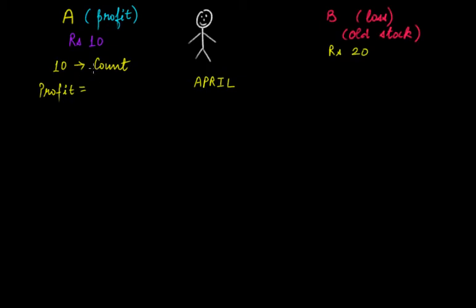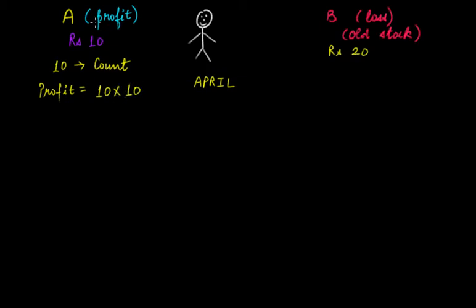So for one item A being sold, you are making a profit of rupees 10. So for 10 items of A, how much profit will you make? This will be 10 times 10, right?